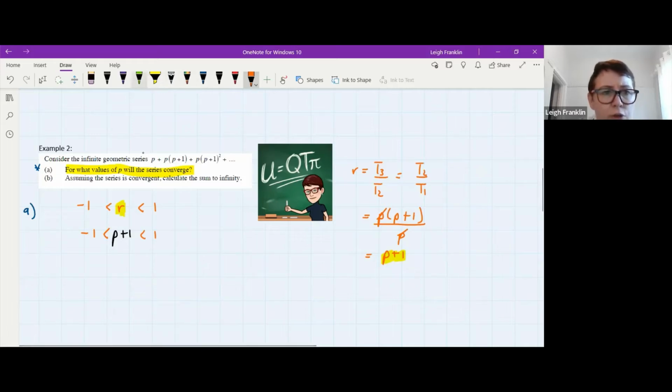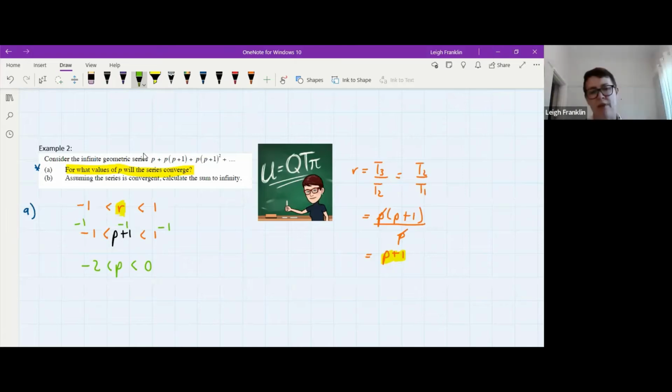So what I've got to do is isolate P by doing the opposite. I'm going to take one away from the middle, one away from the left, and one away on the right-hand side. That's going to leave me with P on its own, and it's got to be greater than -2, or it has to be smaller than 0.